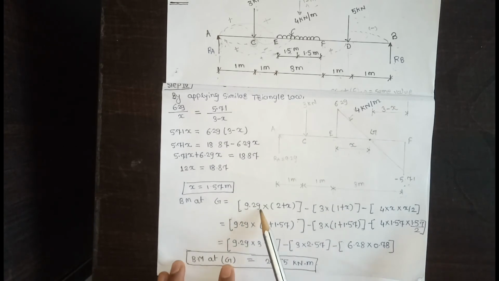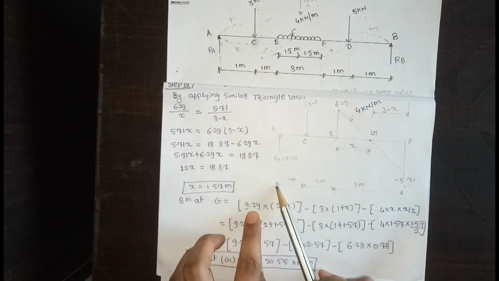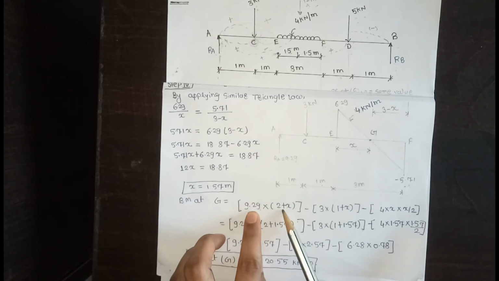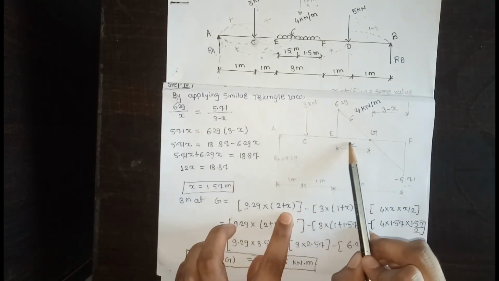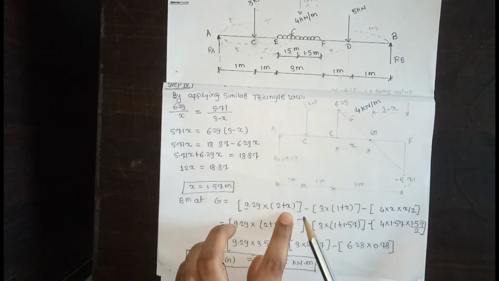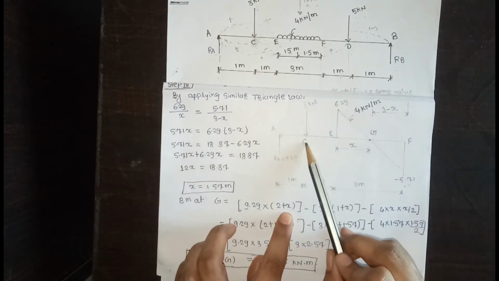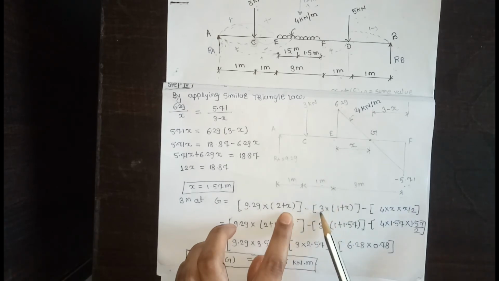So 9.29 into perpendicular distance 1 plus 1 plus x, means 2 plus x. Then the second force is in the anti-clockwise direction, rotating anti-clockwise, then minus 3 into perpendicular distance 1 plus x.